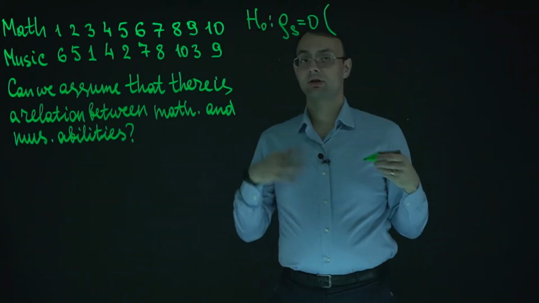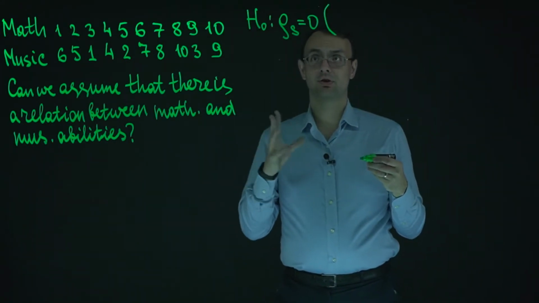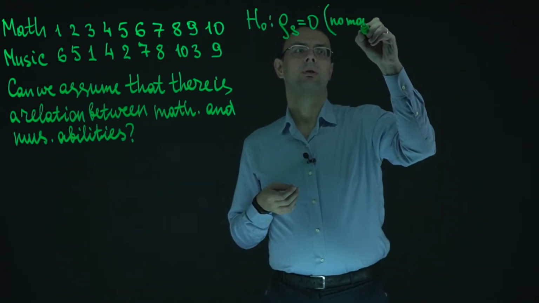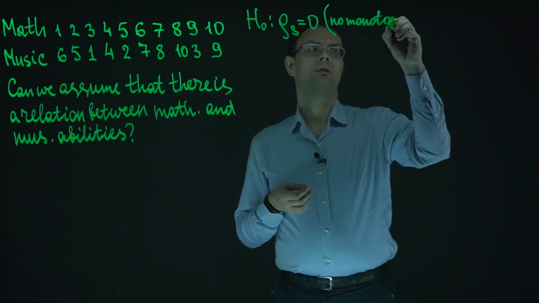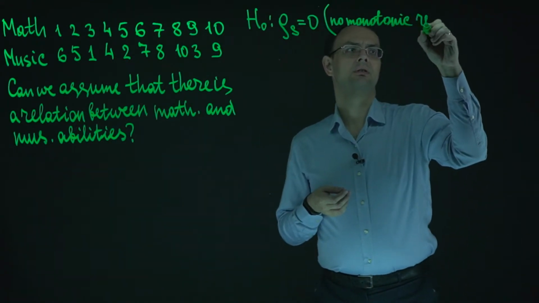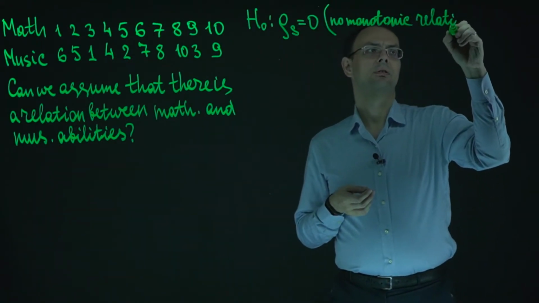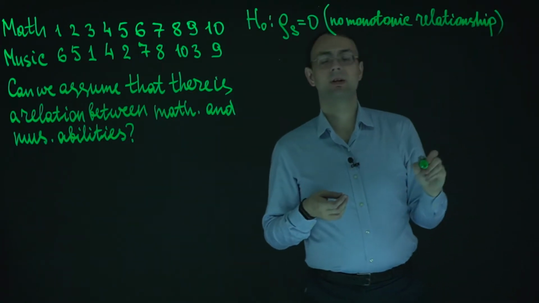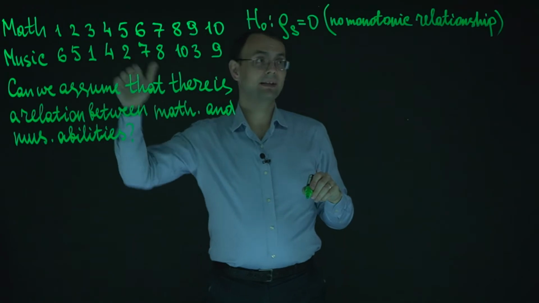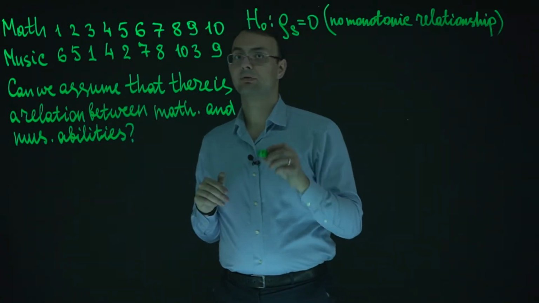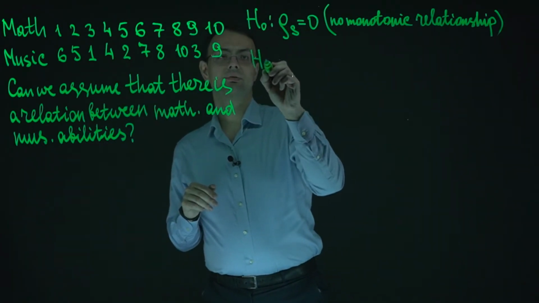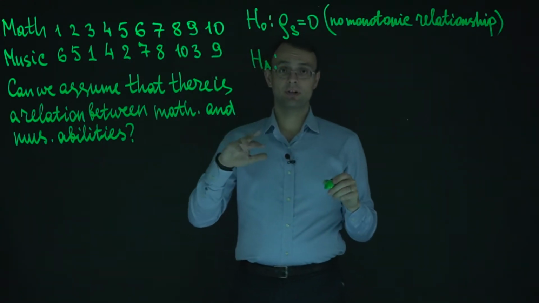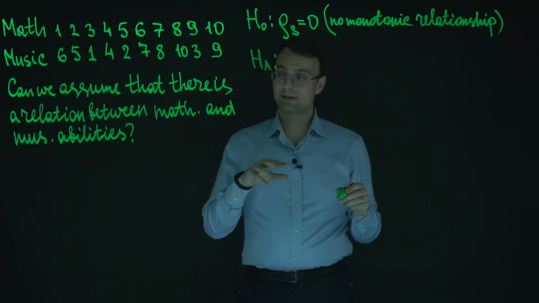This means that there is no monotonic relationship between x and y, between abilities for mathematics and for music. And as for the alternative hypothesis, we can choose either not equal, or greater, or less.